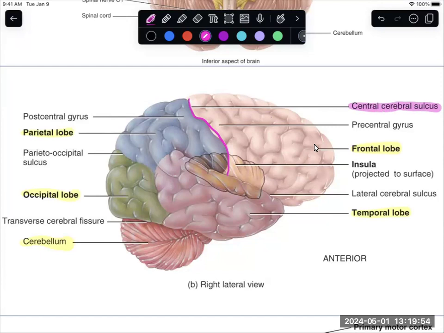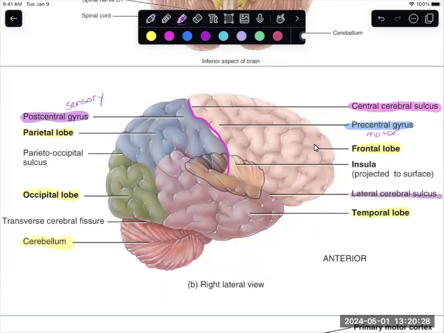In front of this central cerebral sulcus is where we have our precentral gyrus. This is motor information. Behind the central cerebral sulcus is where we have our postcentral gyrus. This postcentral gyrus is where sensory information is coming into the brain.